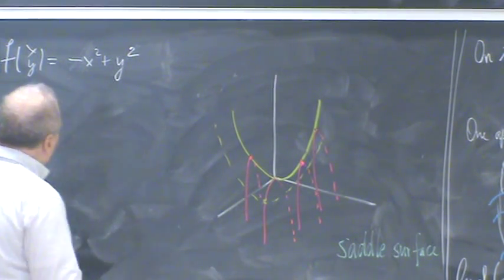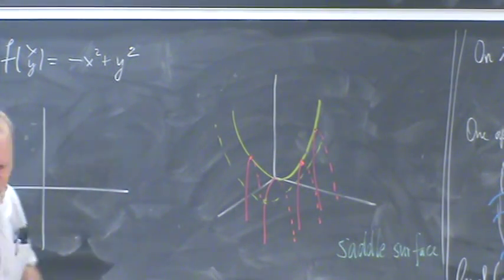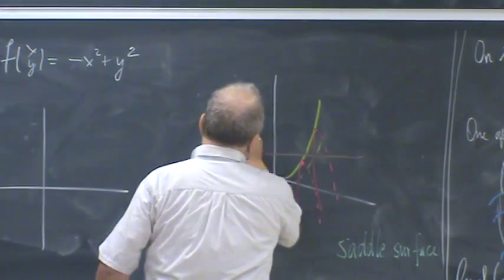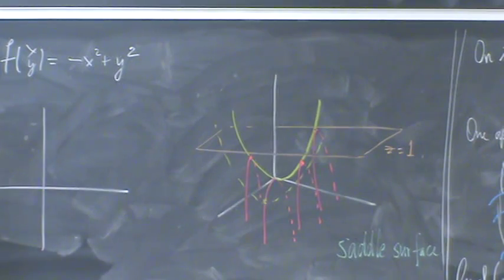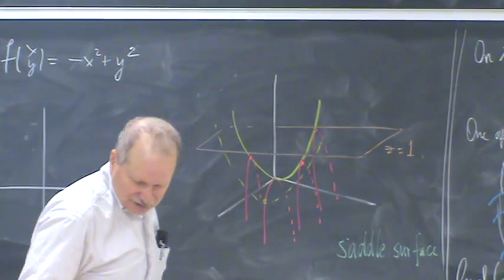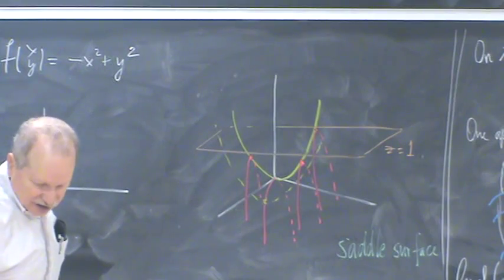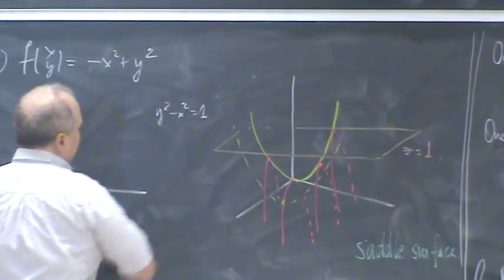Now, what about the level curves of this? So imagine now that you come along and slice it and say z equals 1. What do you see? You see y squared minus x squared equals 1.